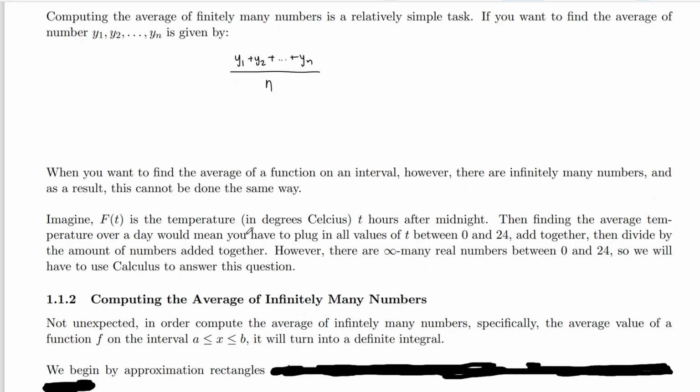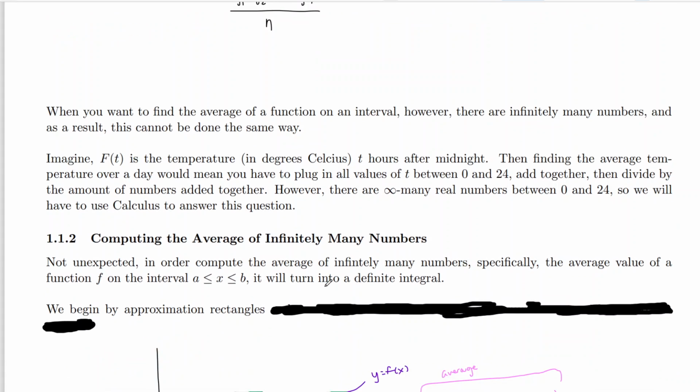And probably, once again, not unexpected, is that when we find the average of infinitely many numbers, where those numbers are represented by a function, f of x or something, there's going to be a definite integral involved. So it's not unexpected. In order to compute the average of infinitely many numbers, specifically the average value of a function f on the interval a to b, it will turn into a definite integral.